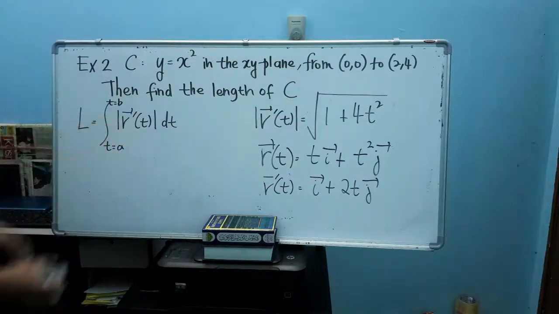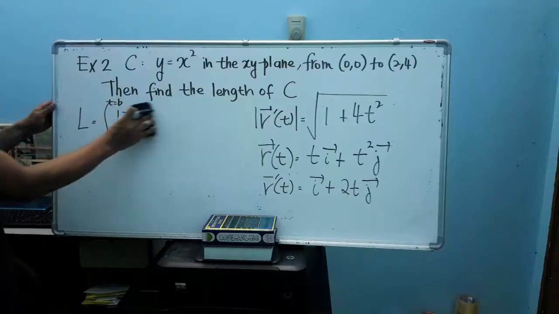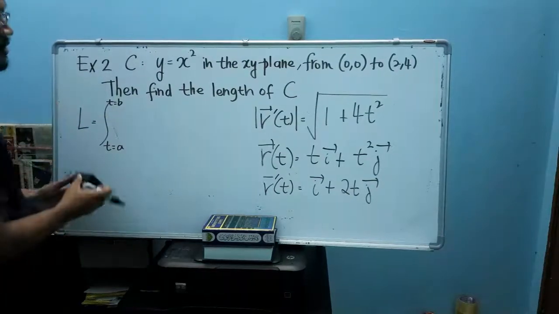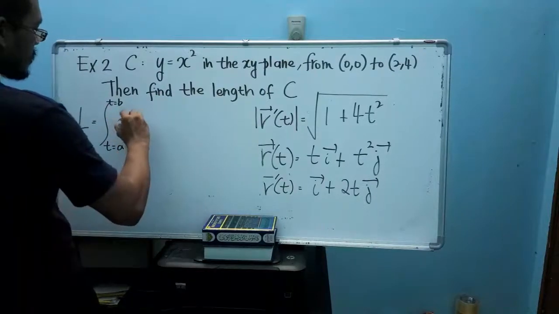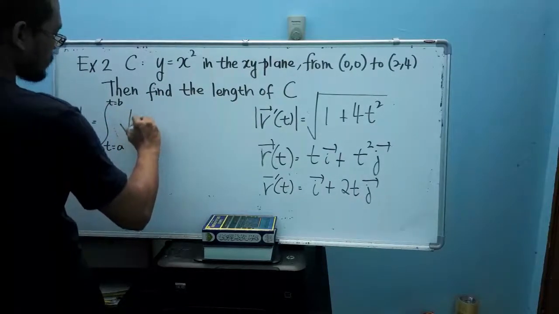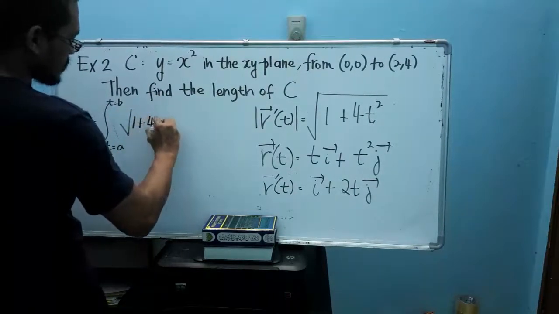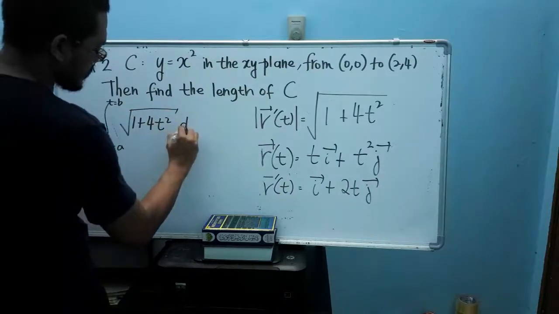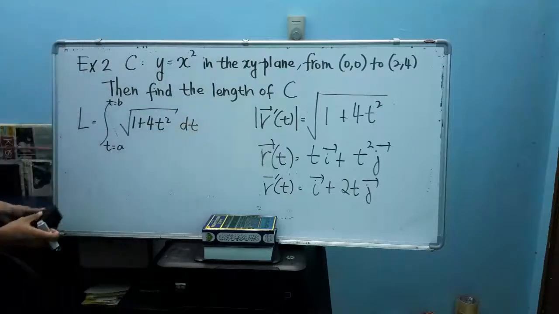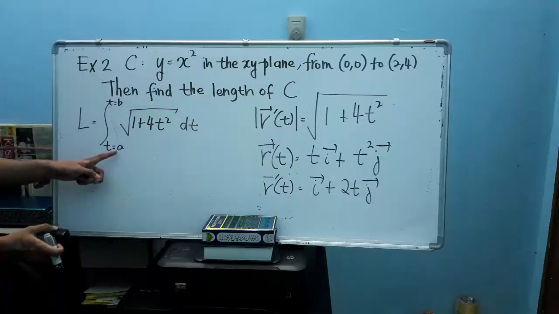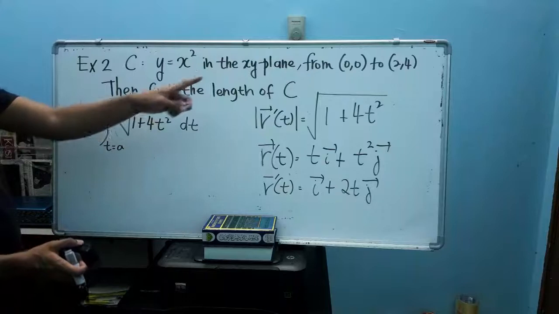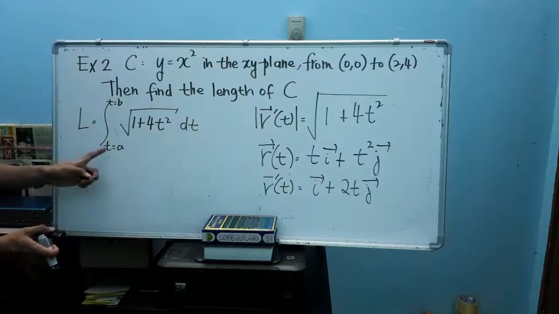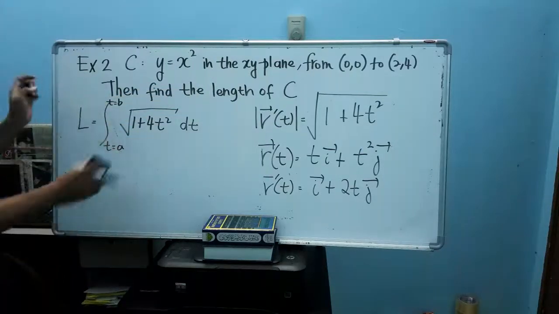Okay, after that you just substitute into this formula. So the magnitude of r prime(t) here will give us the square root of 1 plus 4t squared, and then I will have dt. So my t here is between what? From the parametric equation of C, our t here is from 0 until 2.